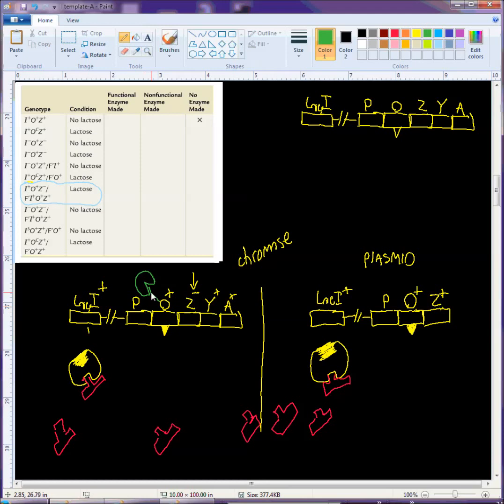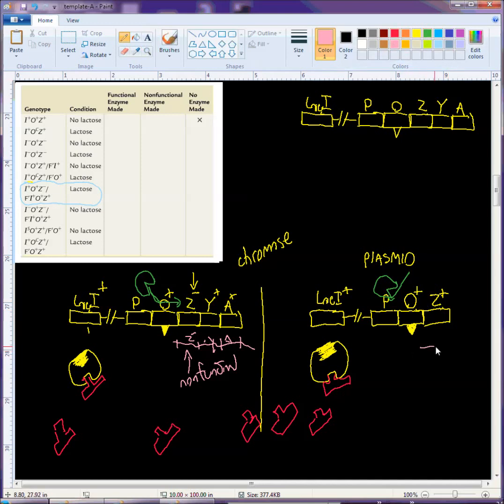Okay, great. So we're going to have RNA polymerase come in and bind to the promoter, and transcribe a non-functional copy of Z. Okay, so here's our messenger RNA with Z, Y, and A. Z does not work, so we get a non-functional Z protein being translated. But RNA polymerase is also going to come in here, bind to this promoter. You see, we have to know the promoter is there. If the promoter is not there, then you can't transcribe the genes anyway. So the promoter is there. The question didn't indicate it, but I took a look at the study guide, and apparently the authors want us to consider that the promoter is there because this is transcribed.